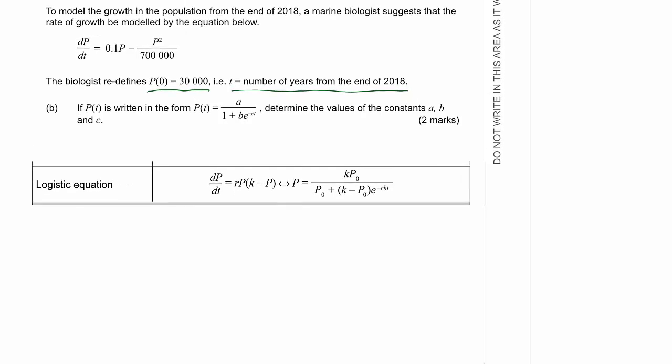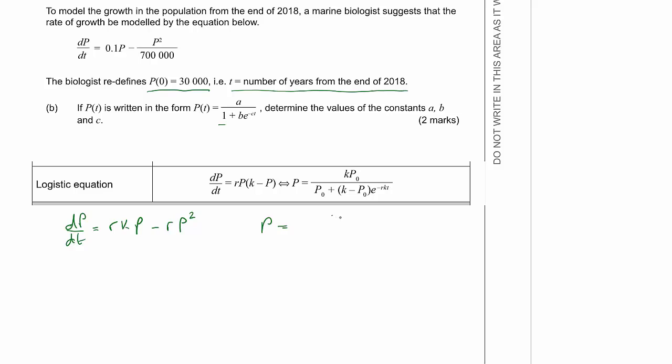Now if we just expand this one out, dP/dt is going to be rkP, take away rP squared, and to get this in the form that we've got here with a 1 there, what we need to do is divide top and bottom by P naught.